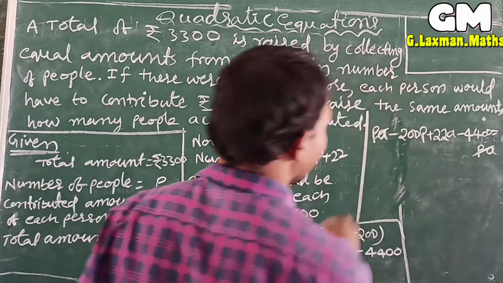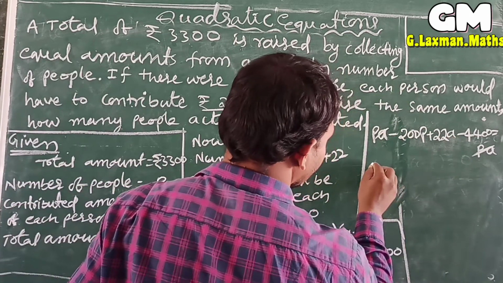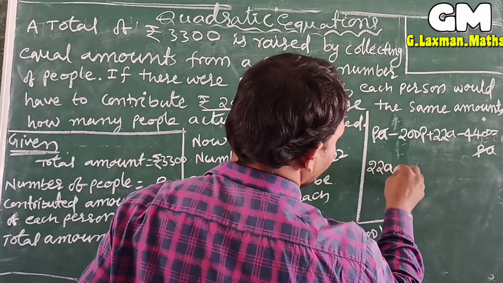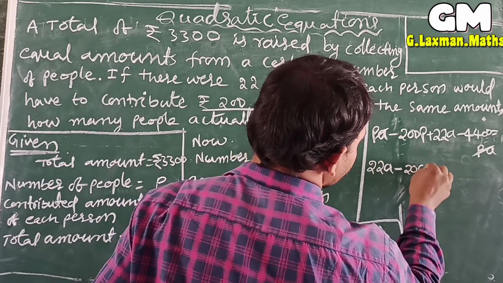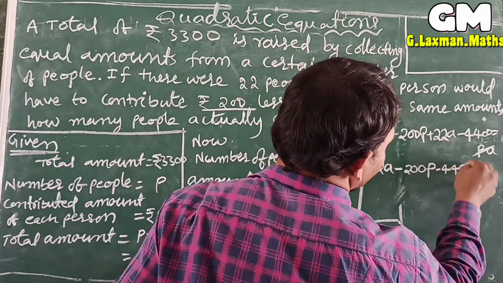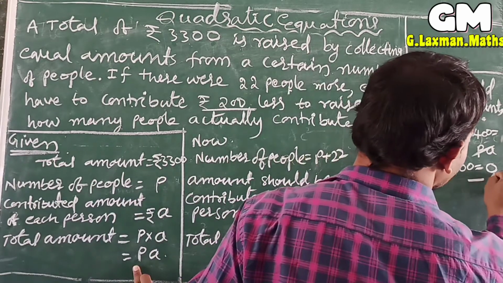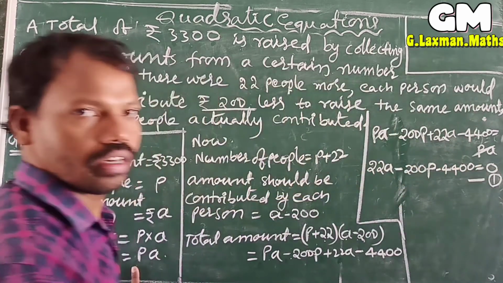So PA will be cancelled, and you will get 22A minus 200P minus 4400 is equal to 0. So this is equation 1.